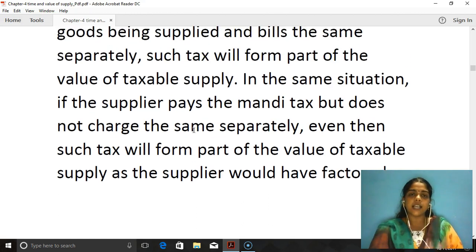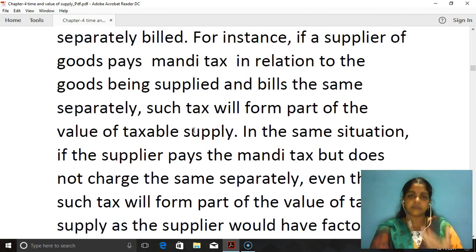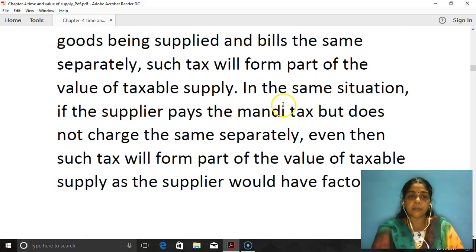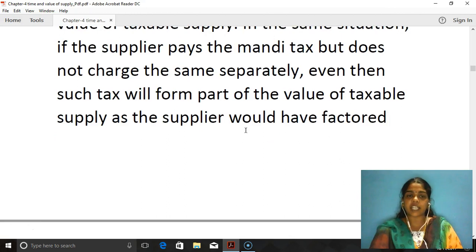The government says even if your bill is not including mandi tax, but if the bill is separately issued for mandi tax, then also the value of the tax will be included in the taxable supply. And similarly, if the supplier pays the mandi tax but does not charge the same separately, they have paid the tax but it is not being shown separately, even then the tax will form part of the value of taxable supply.